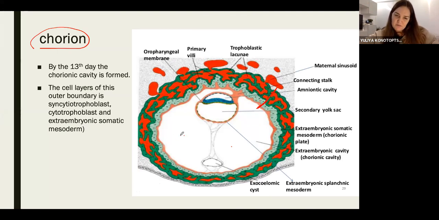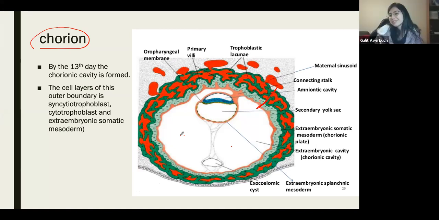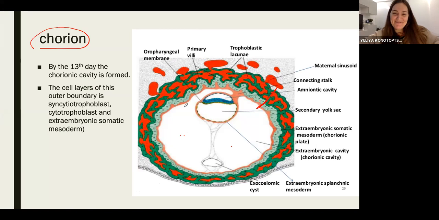Will you have this cavity? No, you will not have it, because the amniotic cavity will expand everywhere. When the embryo rotates and folds, you will see that the amniotic cavity will take the majority of this area.